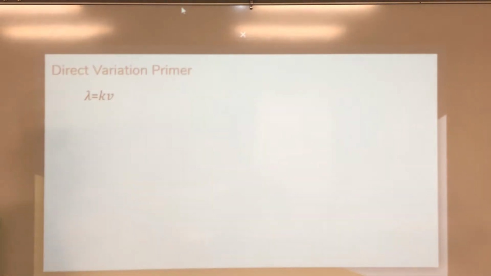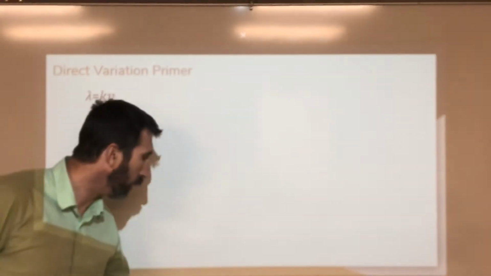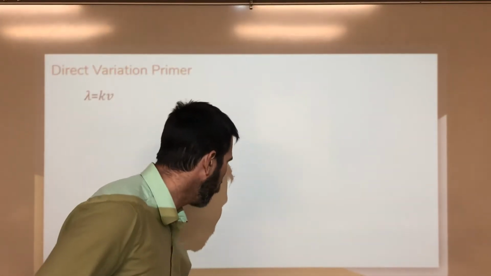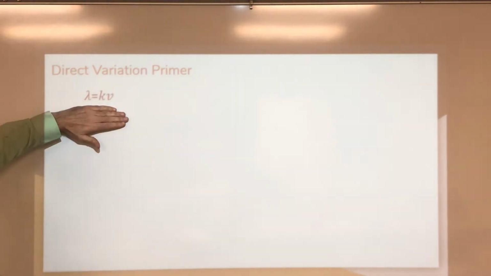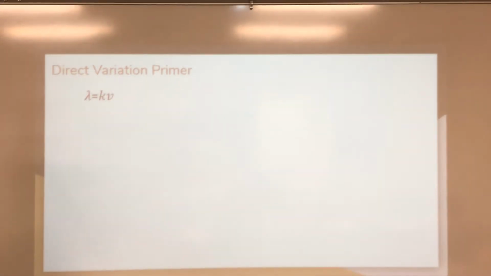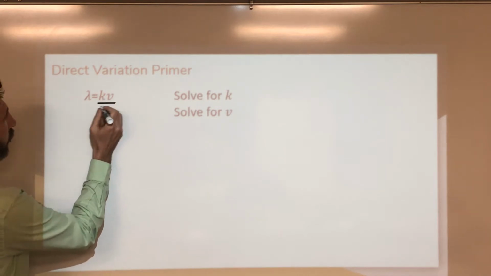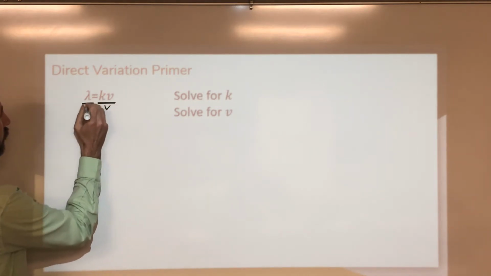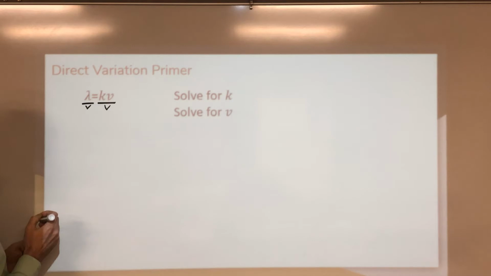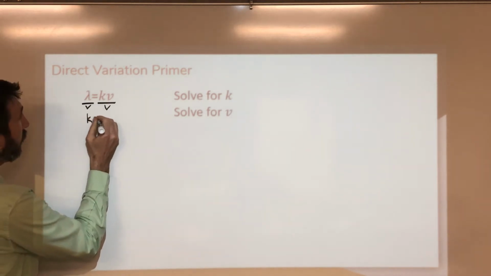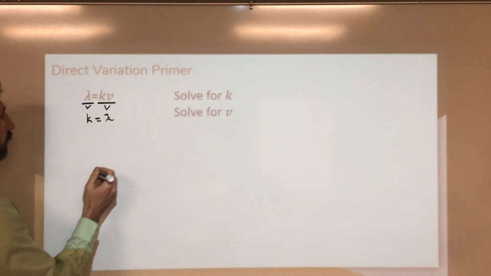So first off, let's look at some things that we should already know how to do. So we have this equation, lambda equals k times v. Can we solve for k? Can we solve for v? Well, right here, if we just go ahead and divide by v, that's going to give us our k by itself, right? So we're going to get k equals lambda over v.